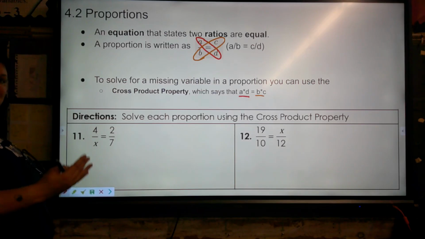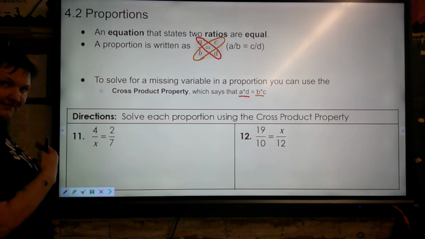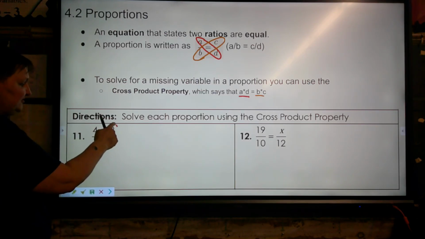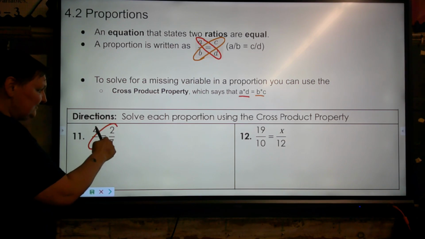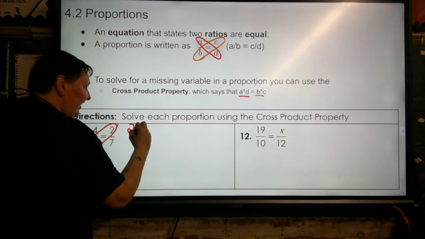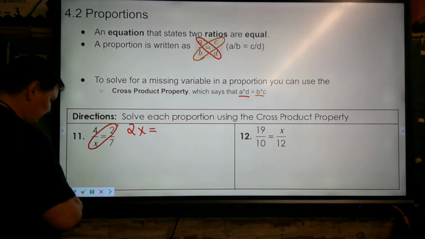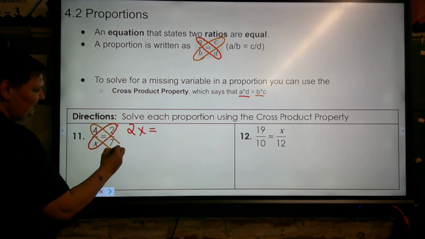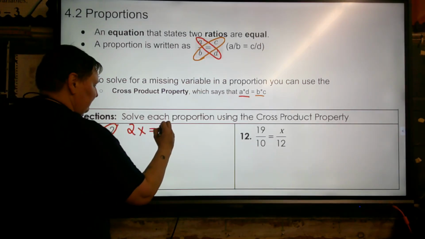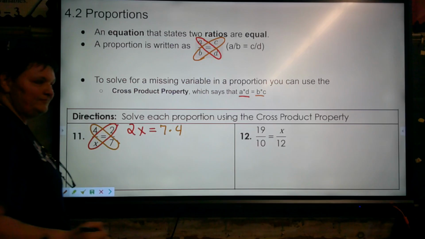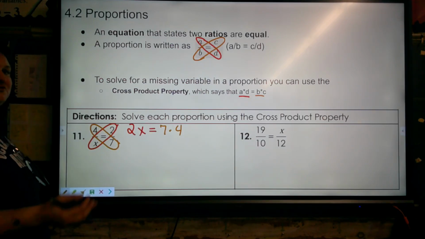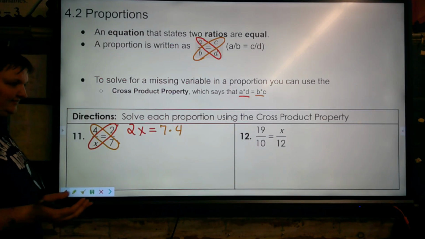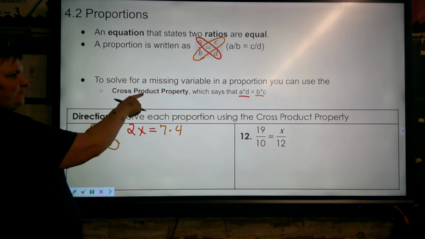I like my variables on the left. So I'm going to start by multiplying this. 2x is equal to 7 times 4. Again, it doesn't matter which side you start from as long as you go diagonally. This is why it's called the cross product.